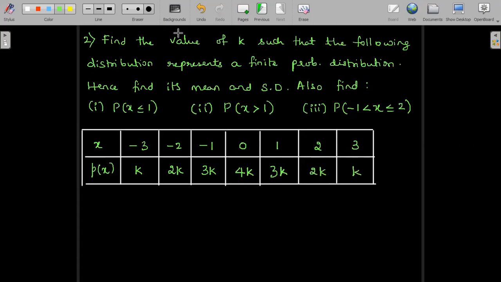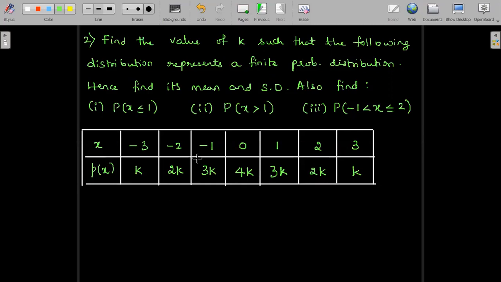So observe the question. It is given that we need to find the value of k such that it is satisfying the probability distribution, finite probability distribution. So the two conditions in order to say it is a finite probability distribution is, firstly, every p of x value should be a positive value, and the second one, sum of all p of x values should be equal to 1.